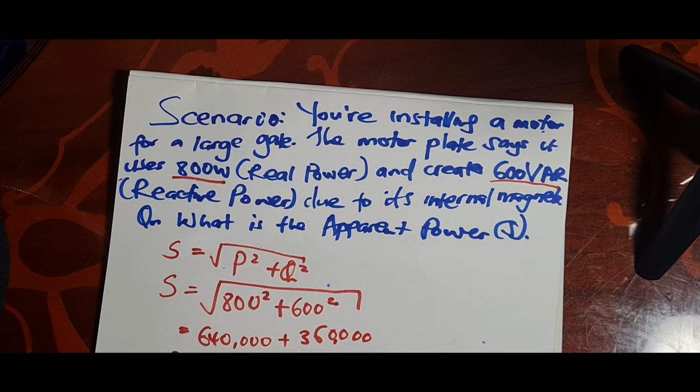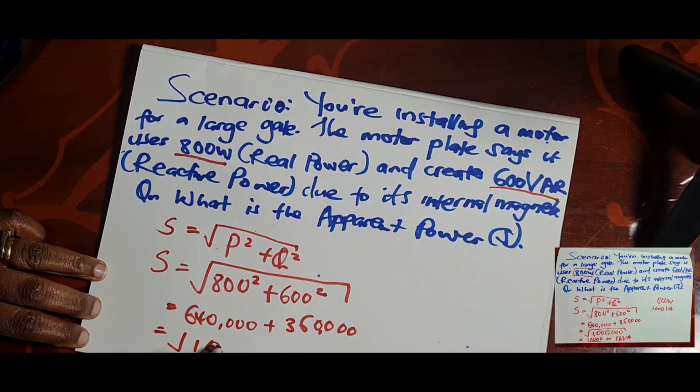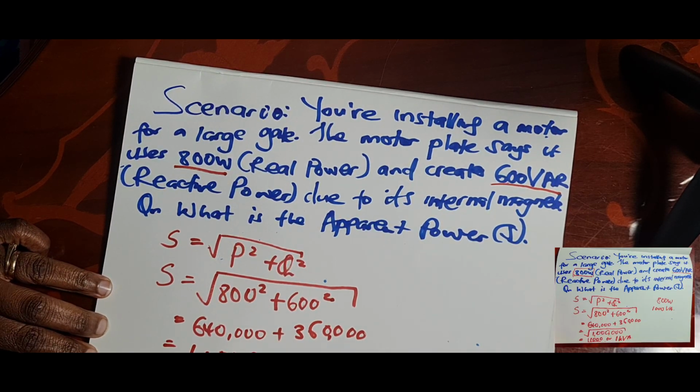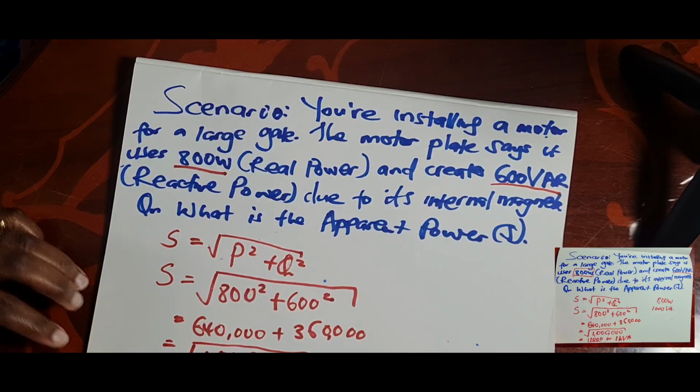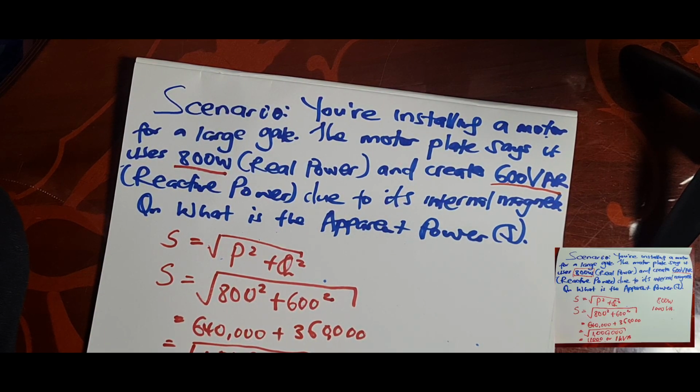Get your calculators and sum it out: it will be 1,000,000, and the square root of 1,000,000 is 1,000, or 1 kVA.